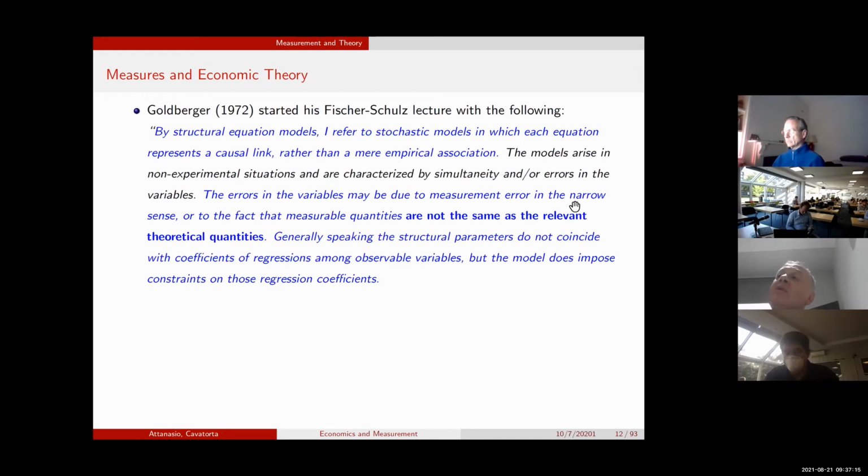Here is another beautiful quote. This is from Art Goldberger's paper in 1972. I strongly advise reading that paper. This was in Econometrica. This is the Fisher-Schultz lecture.